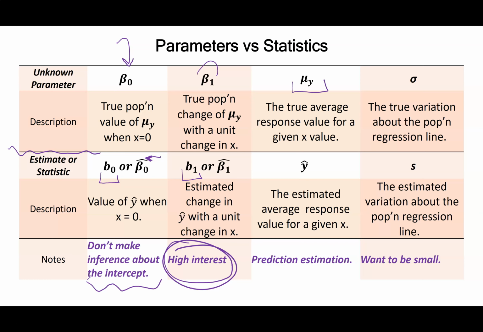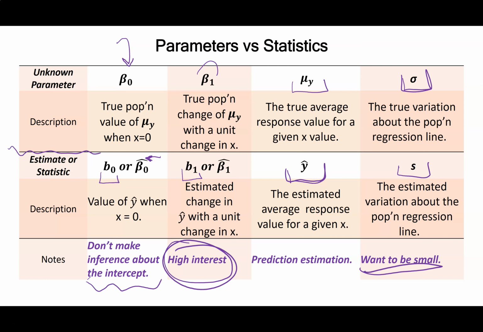Similarly, the mean of all the y values for a specific x value, we're going to estimate with y hat. Sigma tells me how much variation we have around that line, because most of the time we're not lucky enough to have all of the points fit exactly on that line. And we estimate it with S, which is the standard deviation from that sample.